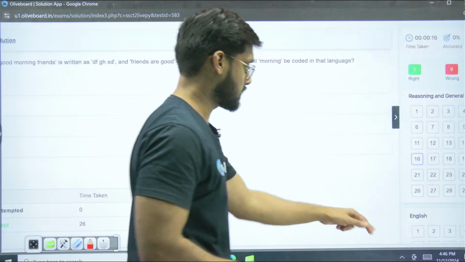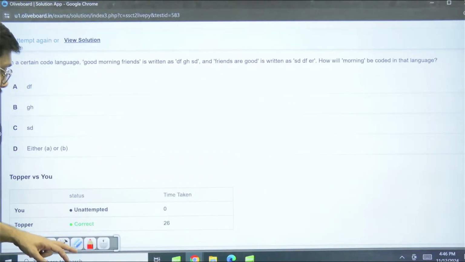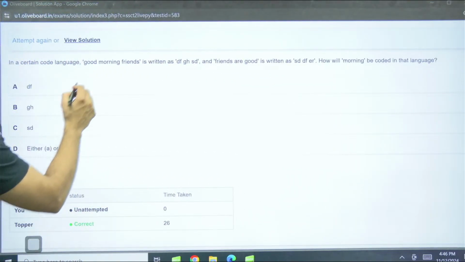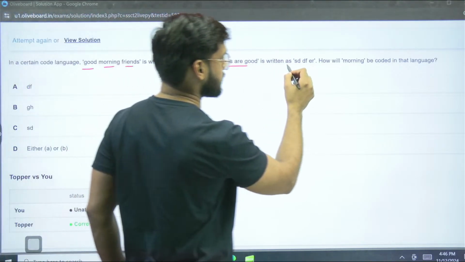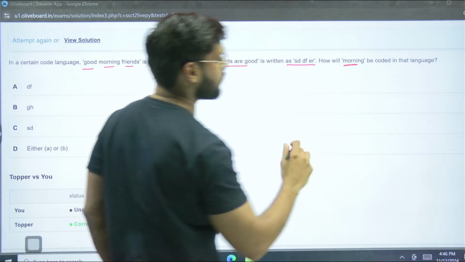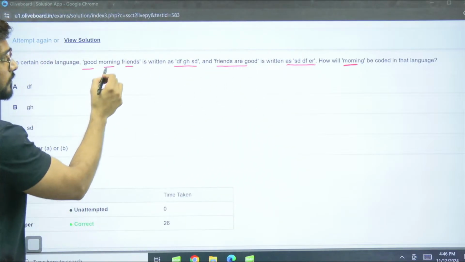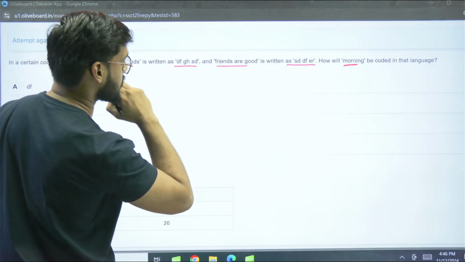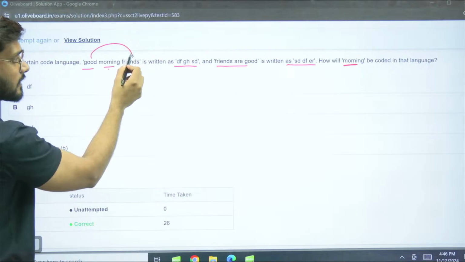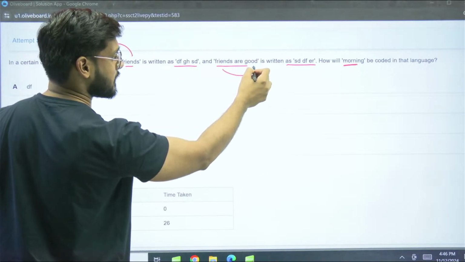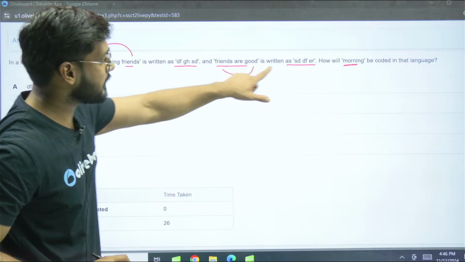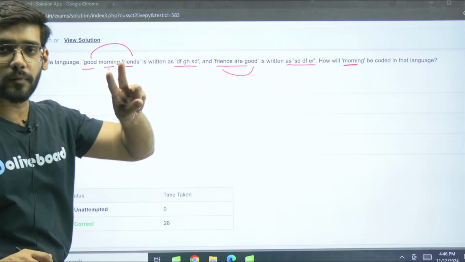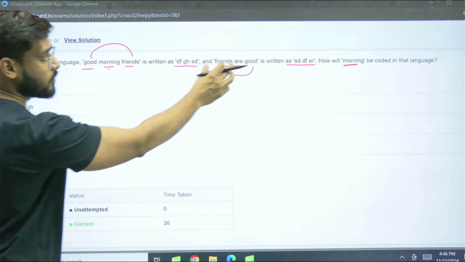16th question on our screen, from coding-decoding. Good morning friends is written like this. Friends are good is written like this. How will morning be coded? We need to code morning. Morning is not repeated here, but we can see good and friends are repeated. So we can get the answer for morning, right? In these three codes, which are the two common codes of good and friends?